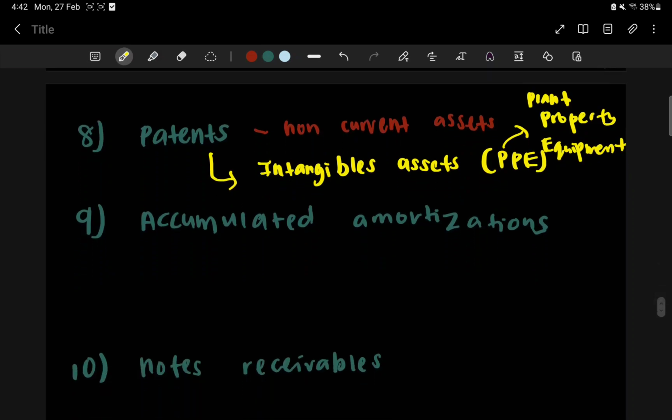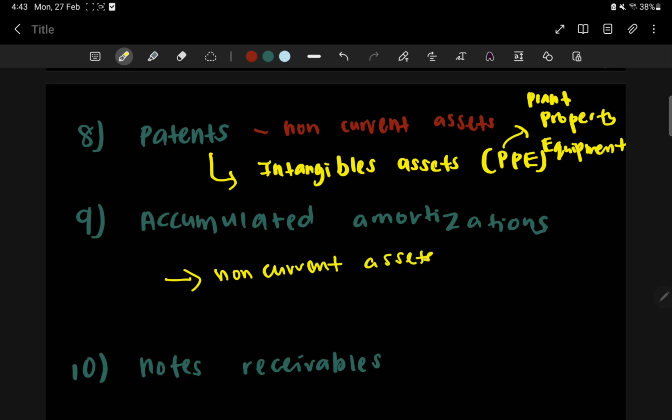Okay, how about accumulated amortization? Is it an asset or liability? It is a non-current asset as well.